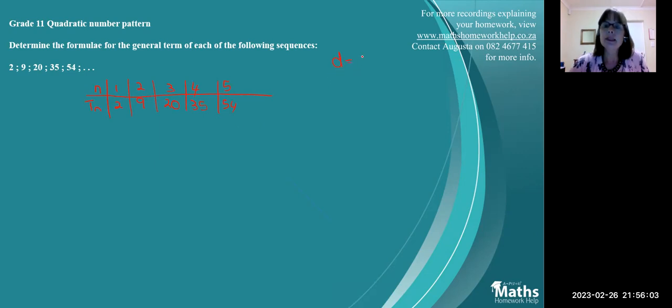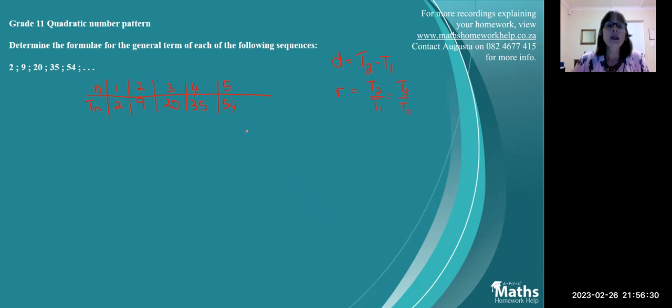With a d, you check if term 2 minus term 1 is equal to term 3 minus term 2. With a constant ratio, that's for the exponential patterns, you check whether term 2 divided by term 1 is equal to term 3 divided by term 2.